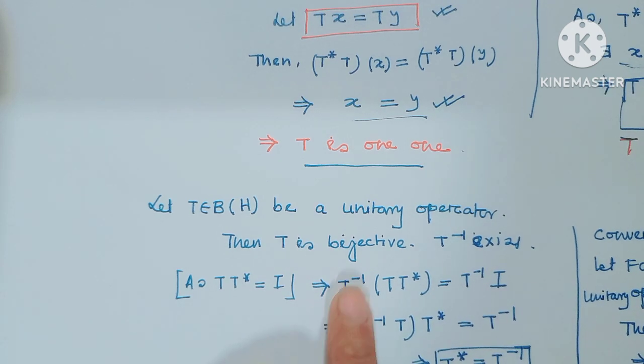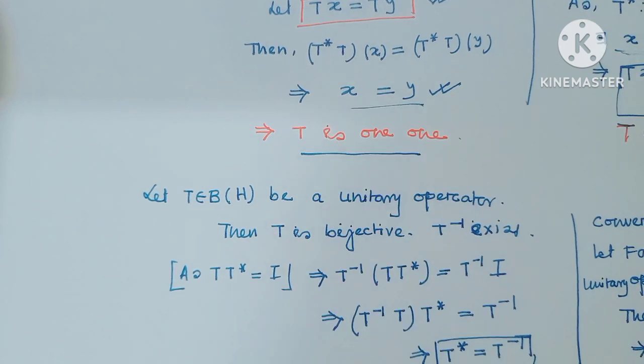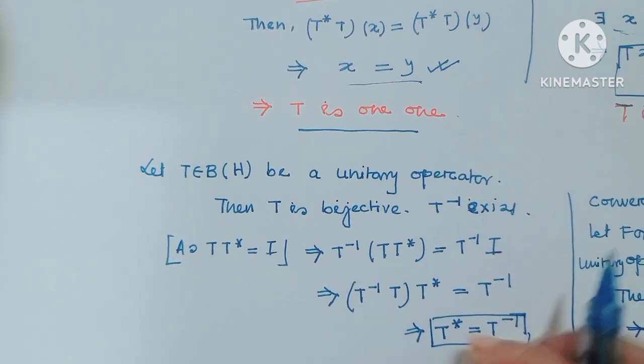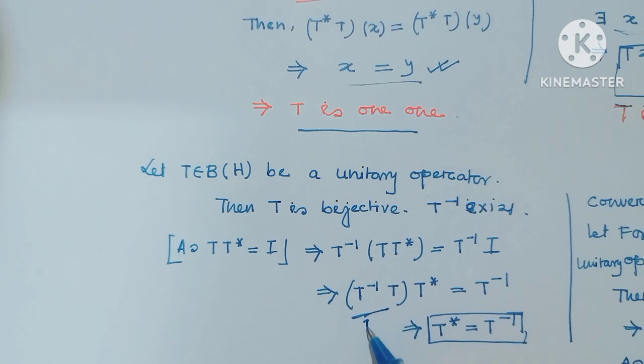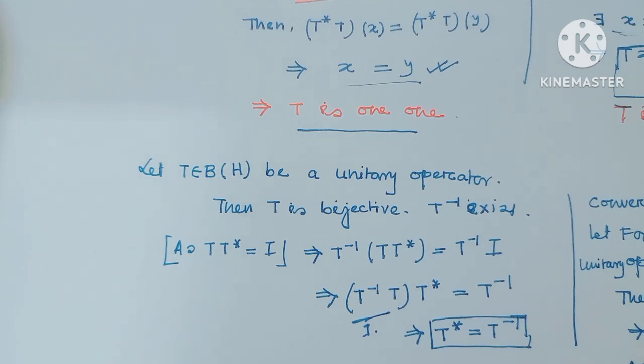Then T inverse T T star equals T inverse identity. By the associative property, this implies T inverse T T star equals T inverse. And T inverse T is identity, that implies T star equals T inverse.